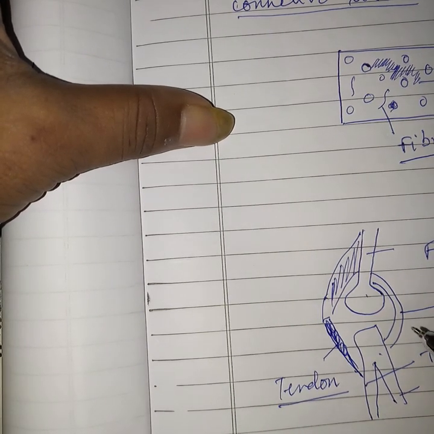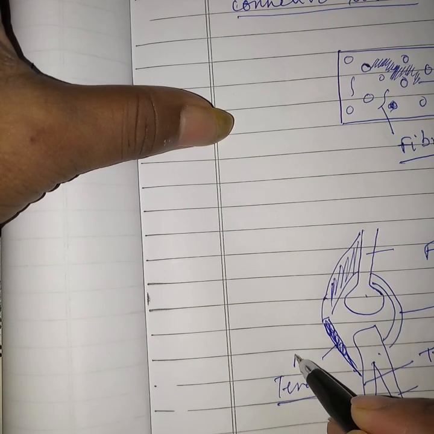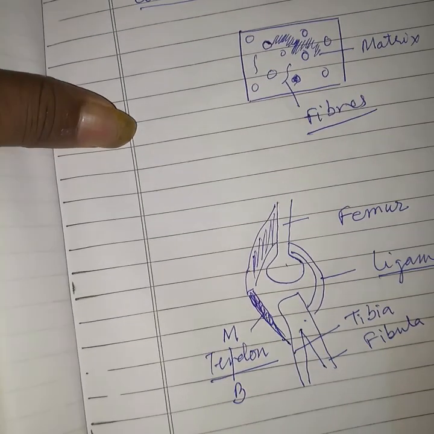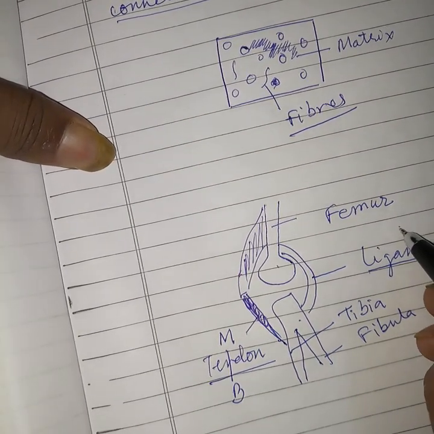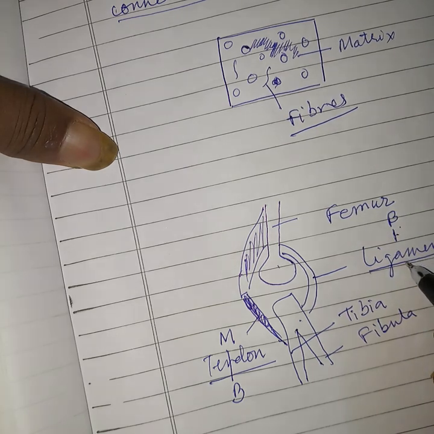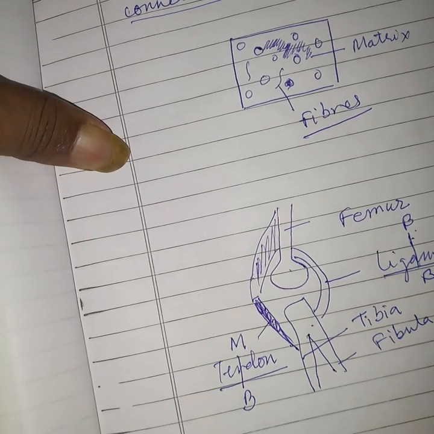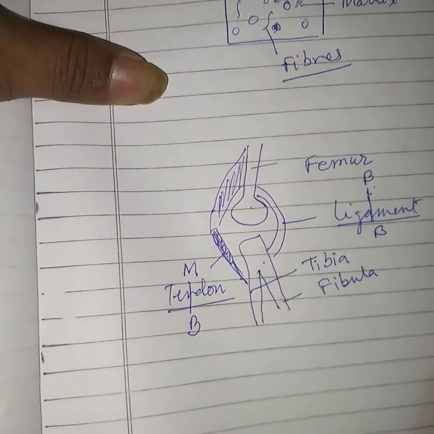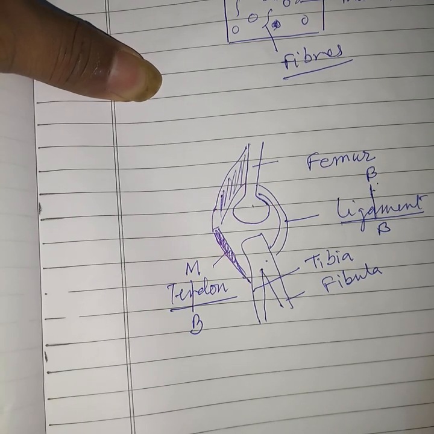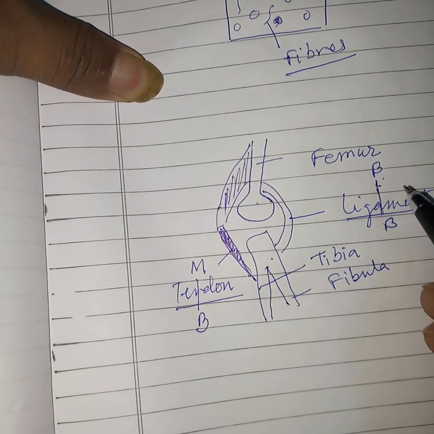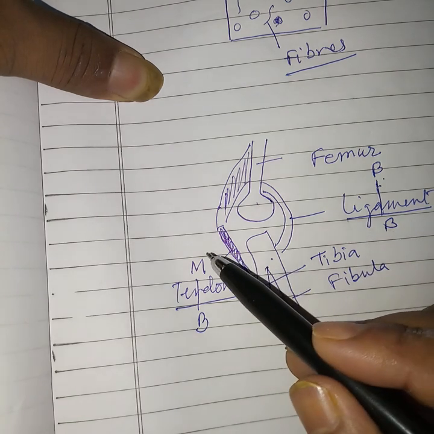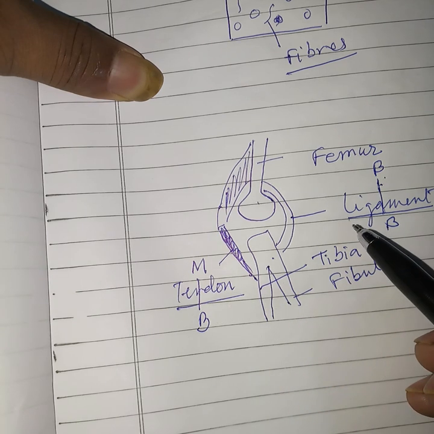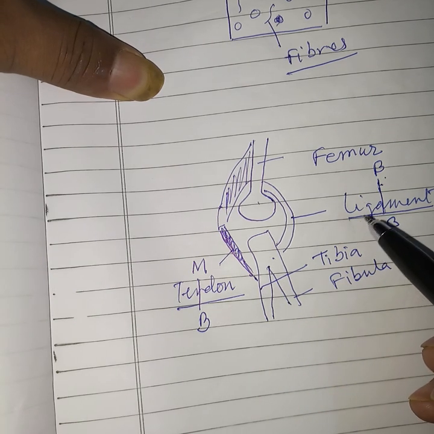So a tendon is a structure that connects a muscle with a bone. Ligaments, once more, connect a bone with another bone. So tendons and ligaments are fibrous connective tissue: tendons connect a muscle with the bone, and ligaments connect a bone with another bone.